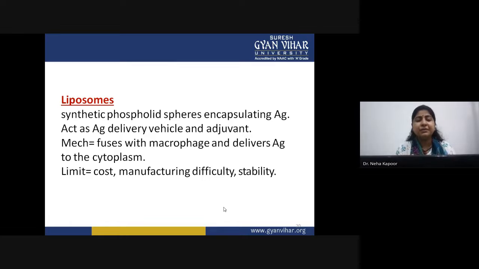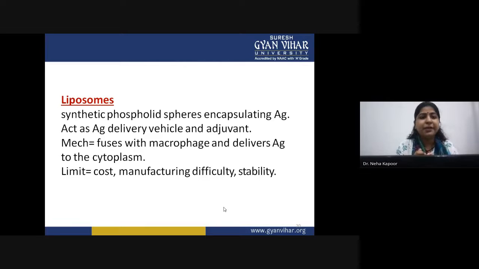The main mechanism is that these liposomes fuse with the macrophages. After fusion with the macrophages, due to the phospholipid sphere, they deliver the antigen to the cytoplasm in a very slow fashion. However, this is a very effective drug delivery and vaccine delivery method.